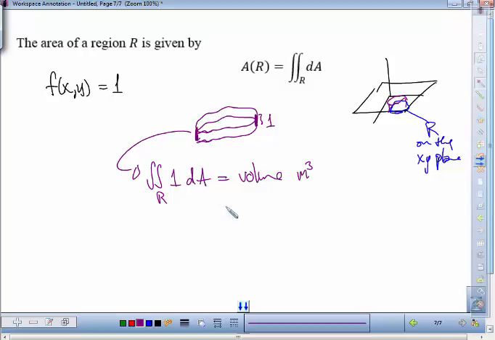So this is exactly equal to the area, numerically.